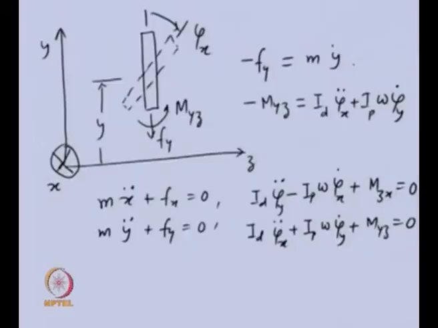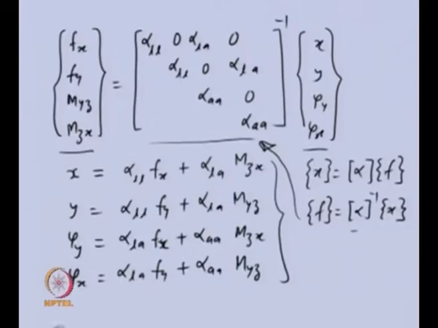Now we can go back to the equations of motion. These 4 equations of motion we can put in a matrix form, and here we have substituted for the elastic force and moment also.